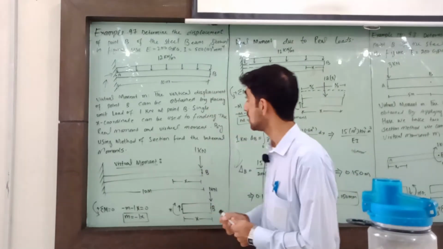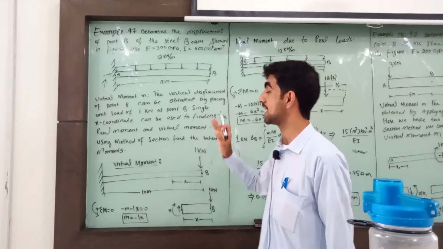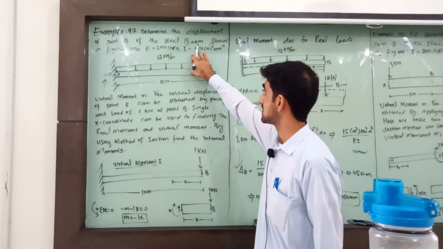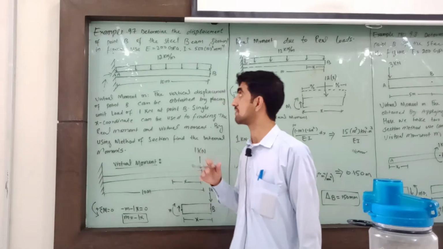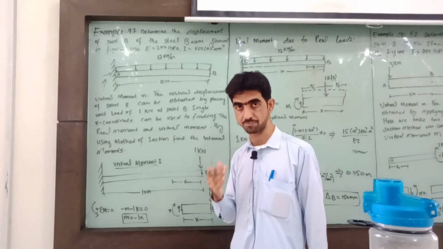Next, the total length of this cantilever beam is 10 meters. The load applied on this cantilever beam is 12 kilonewton per meter, which means the real load applied on this beam.